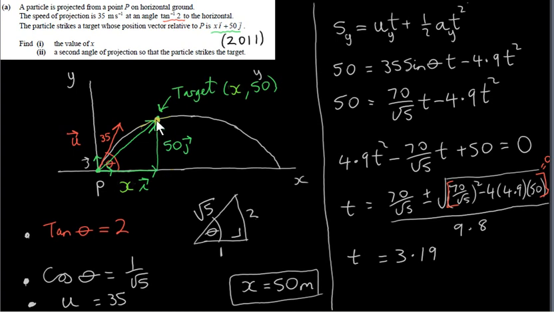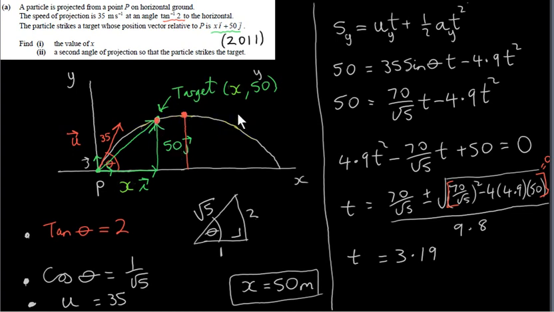So that means there must only be one target on the trajectory which is 50 meters above the ground. There can't be two. There can't be another one over here that's 50 meters above the ground. So that tells us that the target must be the maximum height of the trajectory.